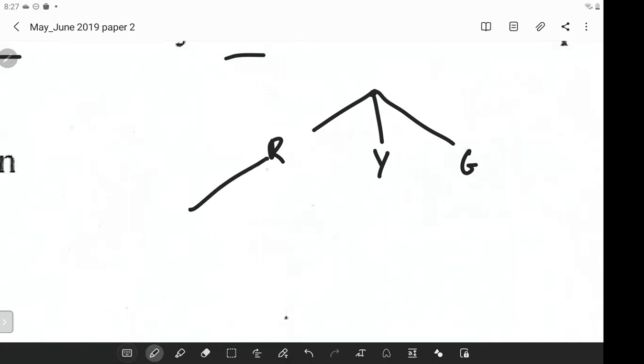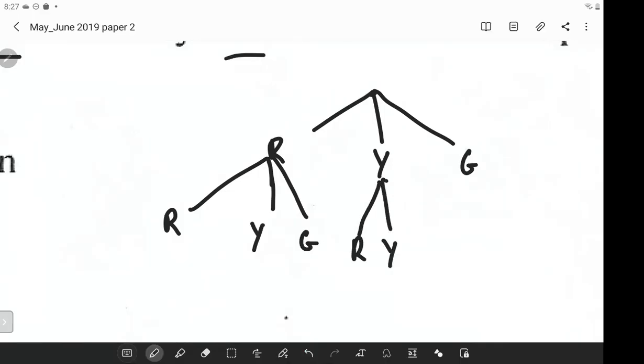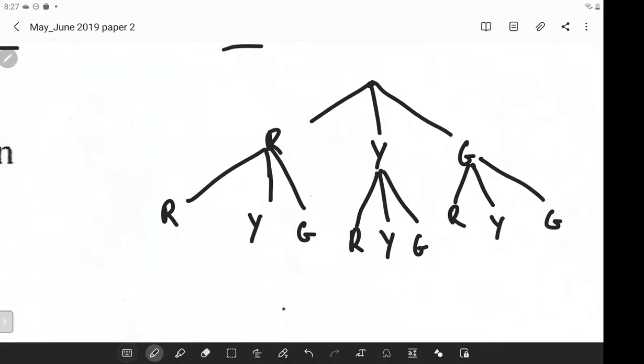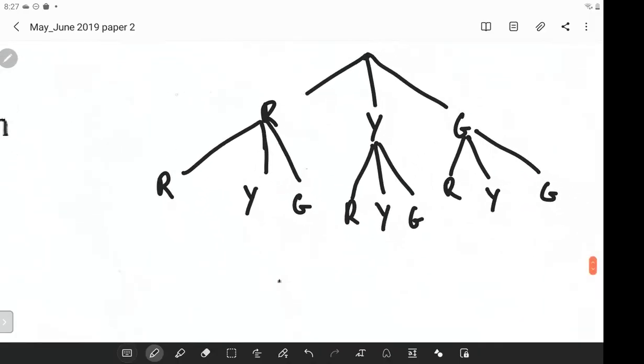Then I have 3 choices again: red, yellow, green. And here we have the same red, yellow, green, and then red, yellow, green.